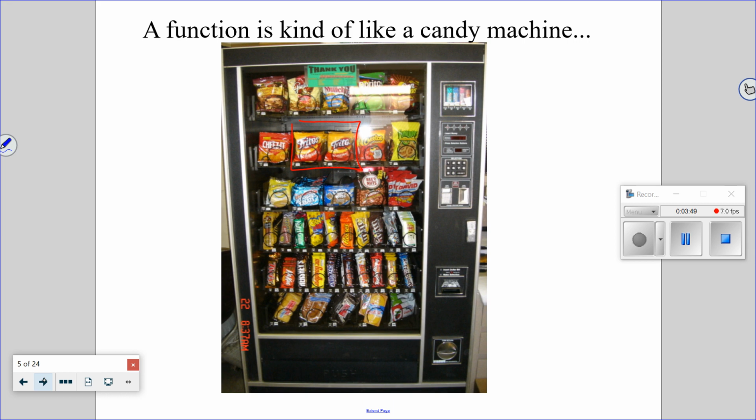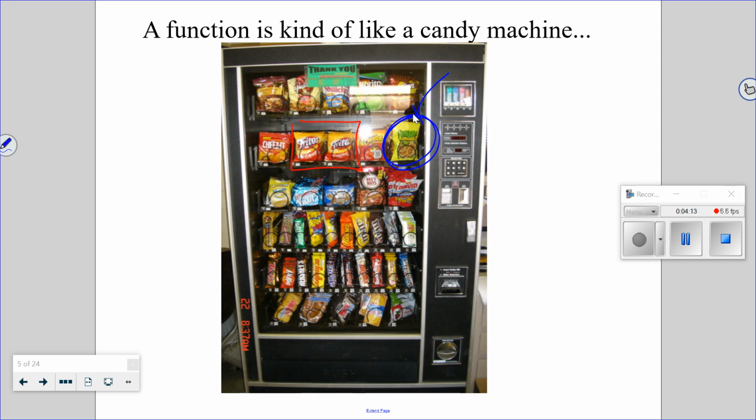Or you'd say the machine is broken. If you both punch in Funyuns and both Funyuns come out, that's okay. Now, if you both punch in the code and one gets Funyuns and one gets a candy bar, that's not okay. That was the same code, two different things came out, the machine is confused. So that's not a function.